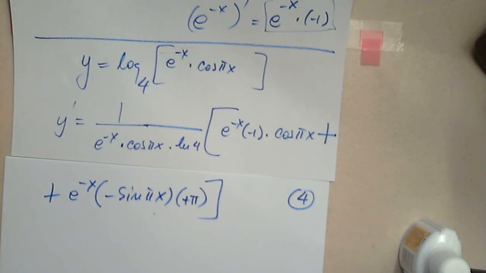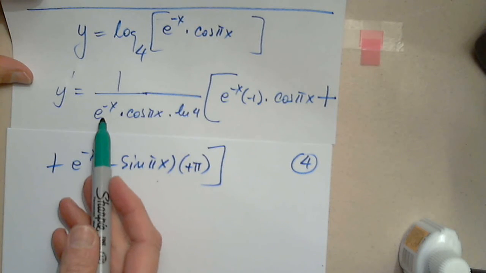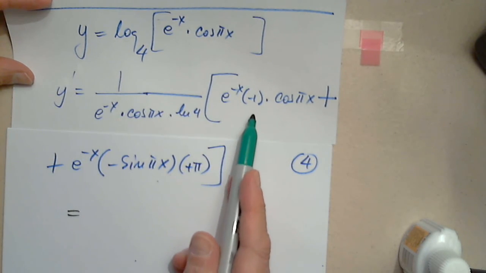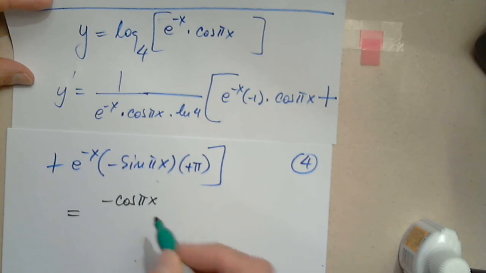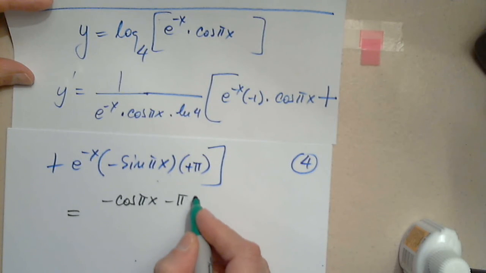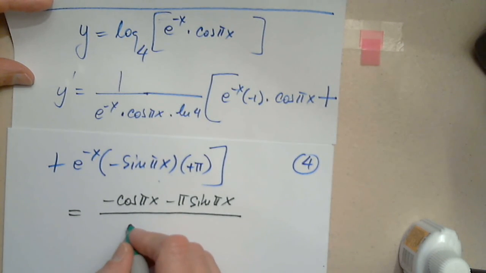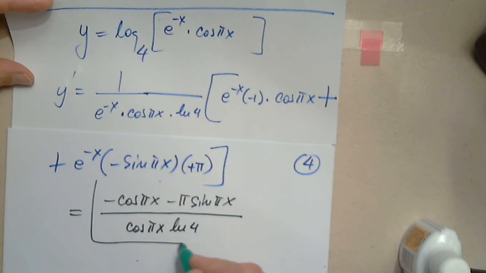I'll try to simplify a little by factoring out e to negative x and canceling it with this. So the numerator becomes just negative cosine pi x, and this is negative pi sine pi x, and everything divided by cosine pi x natural log 4.